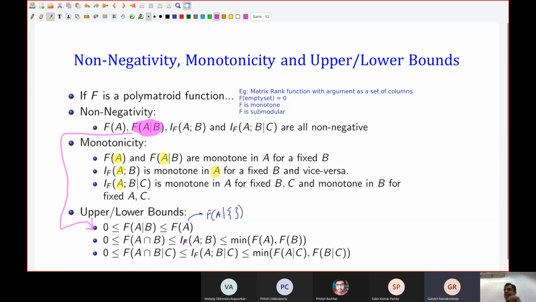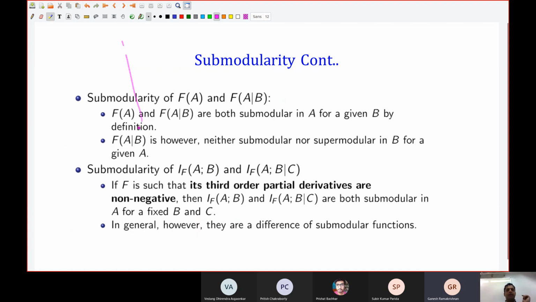So that's a slight difference. We saw this in the case of set cover. You could have two disjoint sets which have overlapping coverage. And this is less than or equal to the min of the two function values. And yeah, so on. The last inequality is kind of a generalization of the second last inequality.